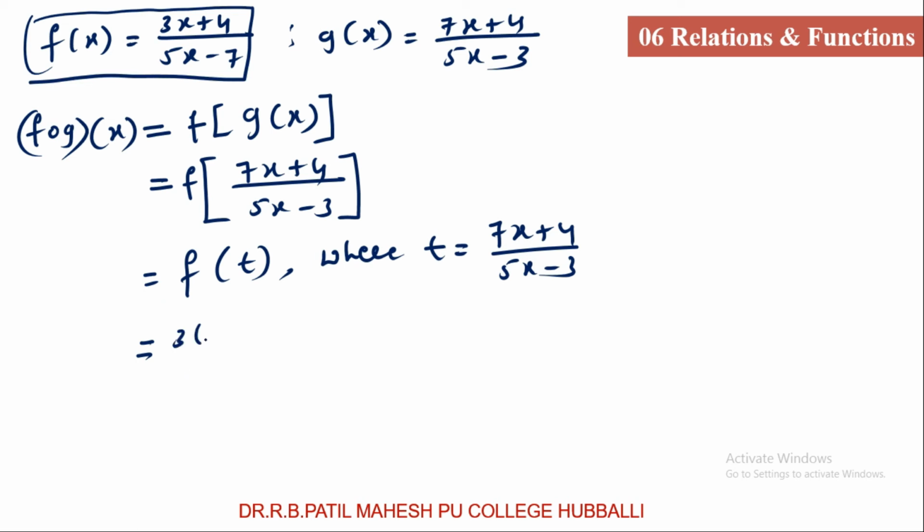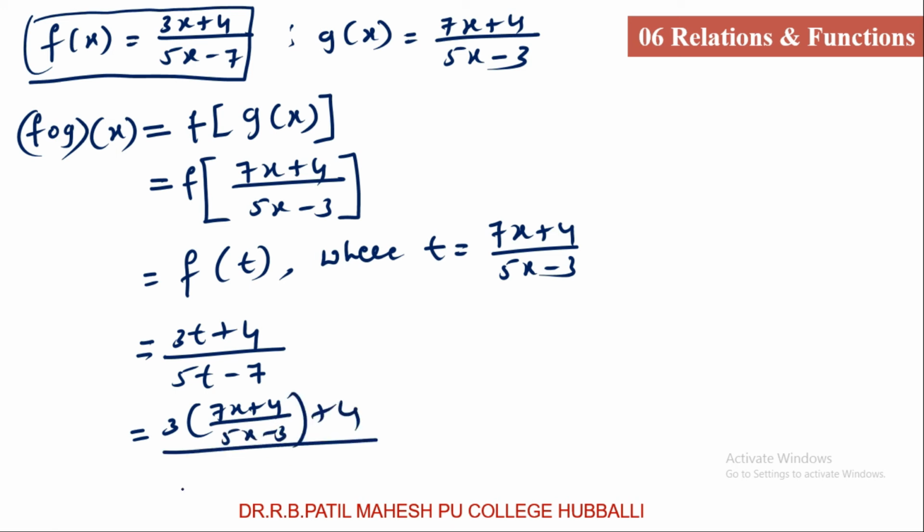Now 3t plus 4 upon 5t minus 7, now replace the t value, that is 7x plus 4 upon 5x minus 3, plus 4, divided by 5 into t, that is 7x plus 4 upon 5x minus 3, minus 7. So if I simplify this one, then we will see what will happen.